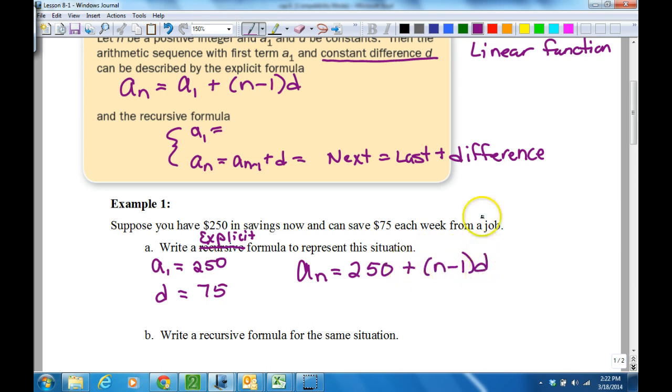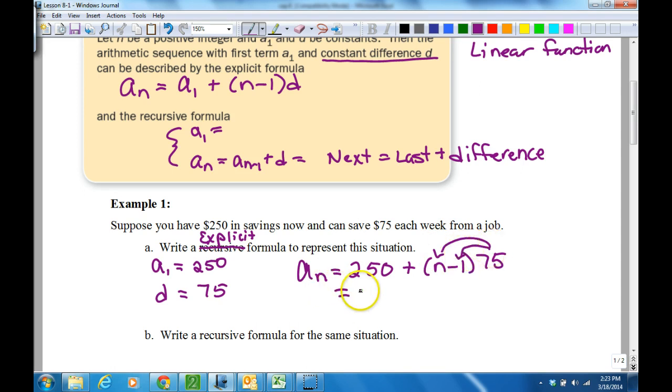What's my d again? 75. Why is it in the sub over here but not sub down here? Because one's an explicit formula and one is a recursive formula. This is my explicit formula. Now, I can simplify that. I can multiply this through to both the n and the 1.